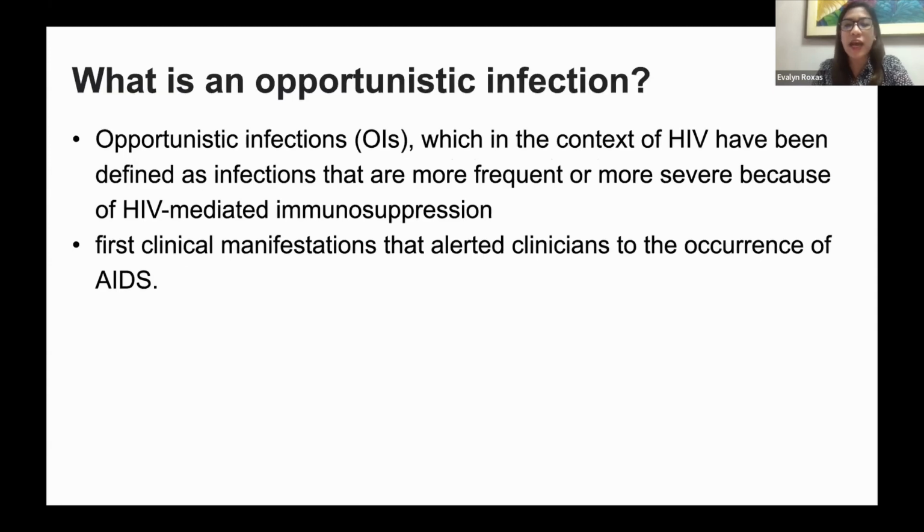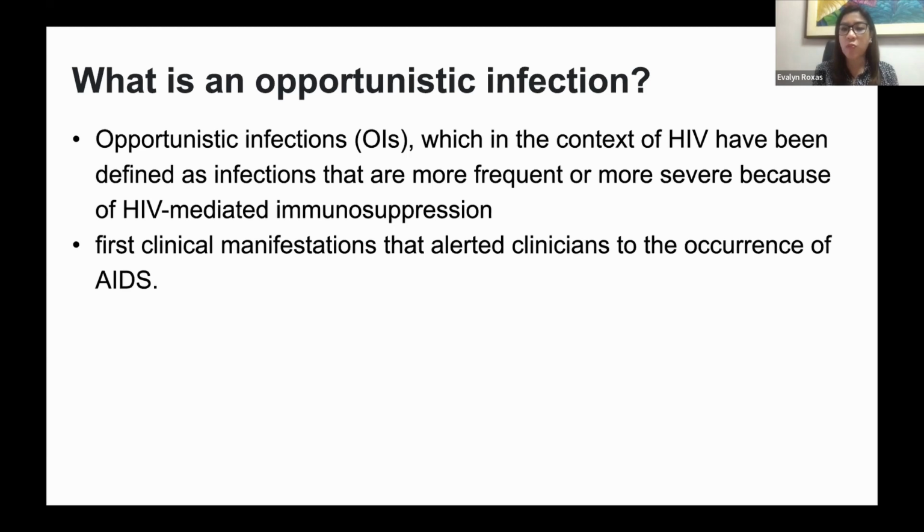To begin, opportunistic infections, or OI in short, in the context of HIV have been defined as infections that are more frequent or more severe because of HIV-mediated immunosuppression. We all know that OIs don't happen only among HIV patients.